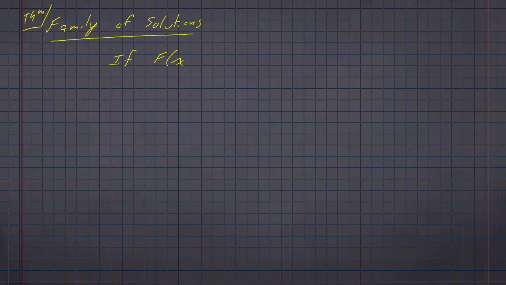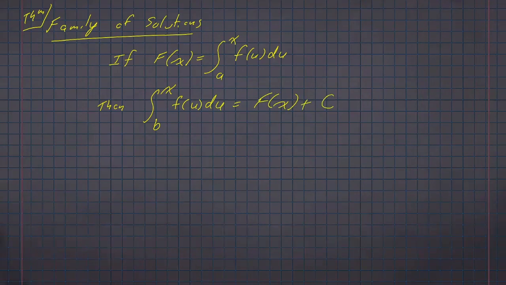If capital F of x is equal to the integral from a to x of f of u du, then the integral from b to x of f of u du is equal to F of x plus some c, which we call the constant of integration.